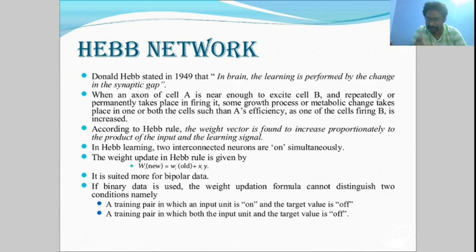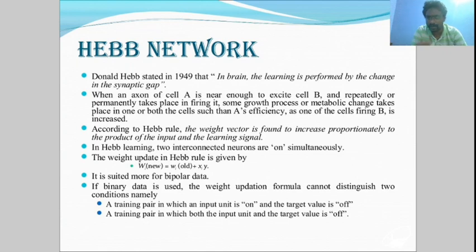So here they are explaining how learning is obtained through the Hebb network. Whenever the synaptic gap between cell A and cell B is affected repeatedly or permanently with some growth process or changes, then learning occurs.